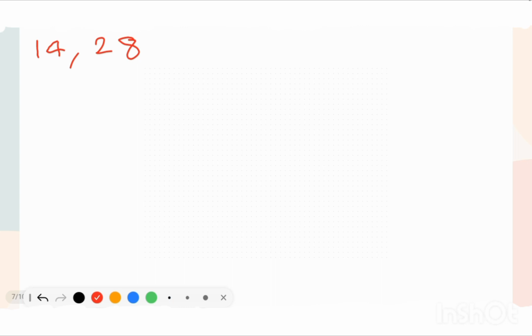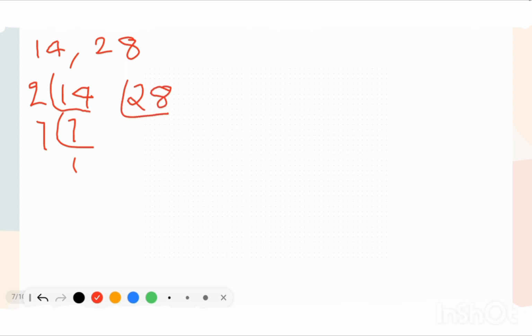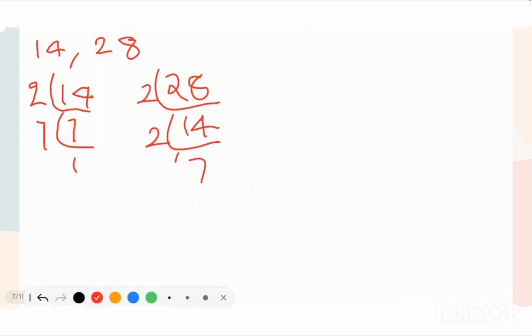Now we'll do the prime factorization of it. 2 7s are 14, 7 1s are 7, then 28: 2 1s are 2, 2 4s are 8, 2 7s are 14, 7 1s are 7.